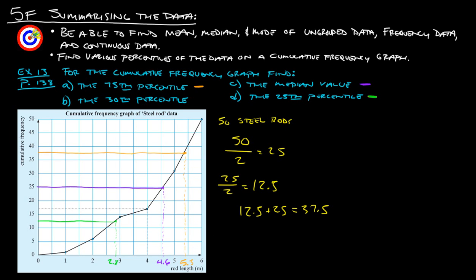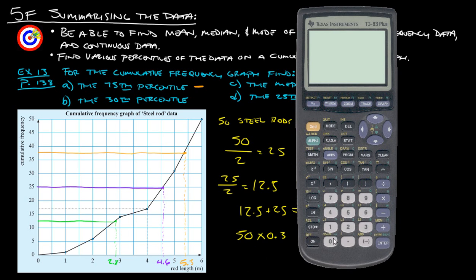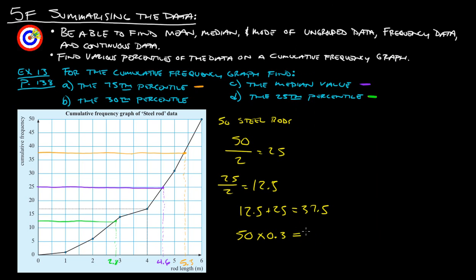So that gives us these three. If we want to find the 30th percentile, we need to figure out what 30% of 50 is. So 50 times 30% as a decimal is 0.3. So 0.3 times 50 gives us 15.